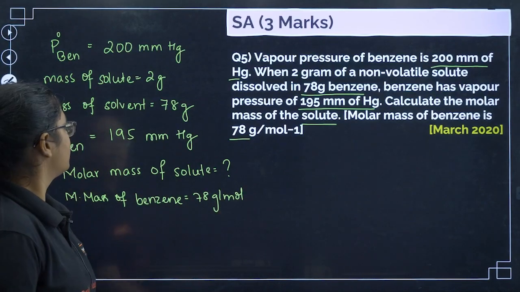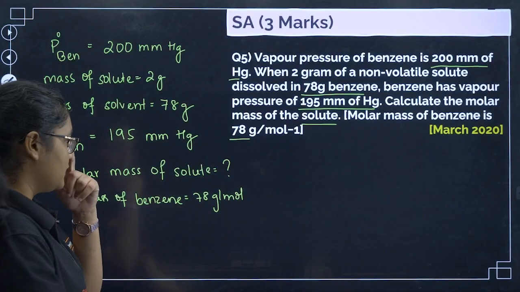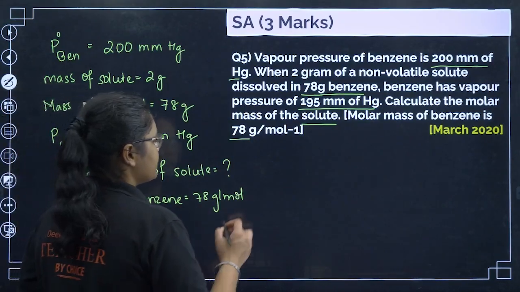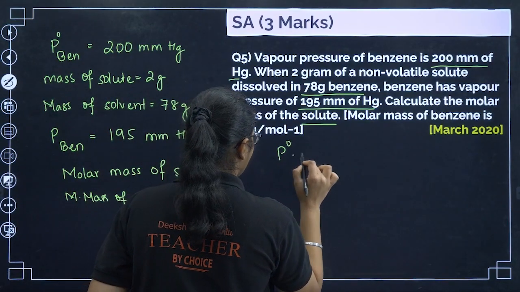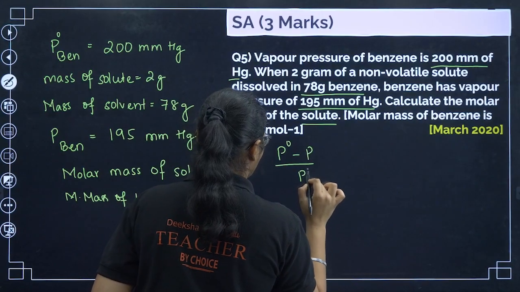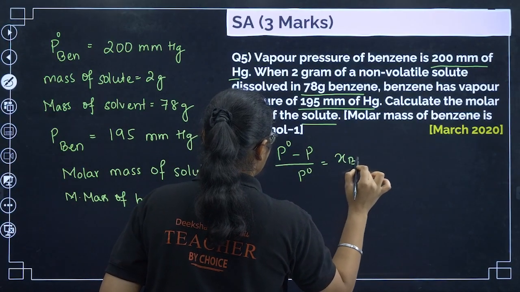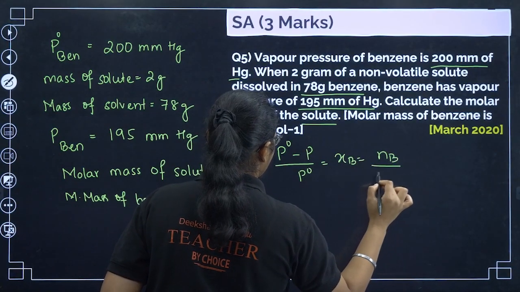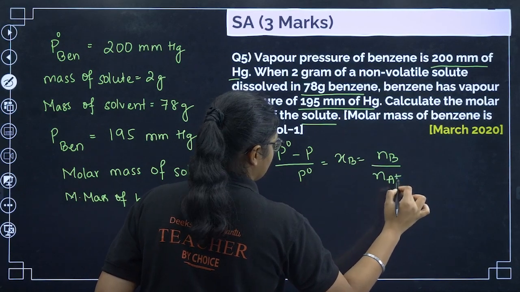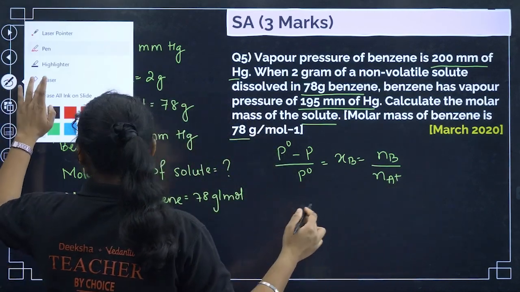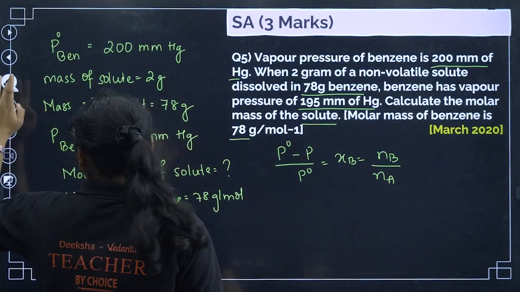So now let us calculate it. What is the formula? P naught minus P by P naught is equal to XB, which is equal to NB by NA plus NB, but in dilute solution we can ignore this NA, right?